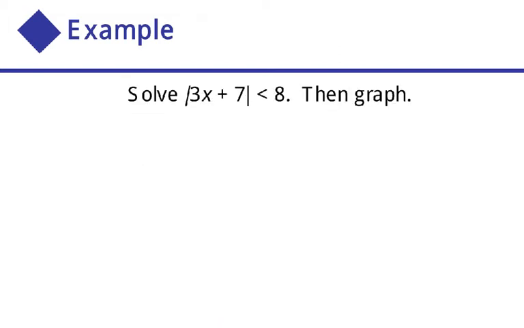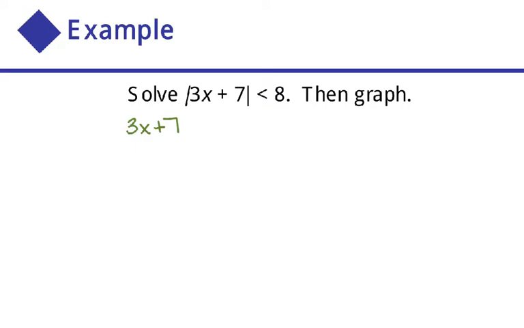So the last thing we're going to try is to put all this together and solve this inequality and then graph it. So remember that we have 3x plus 7. Its distance, its absolute value, is less than 8.